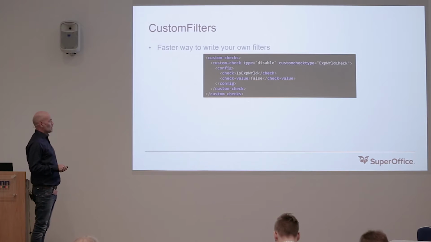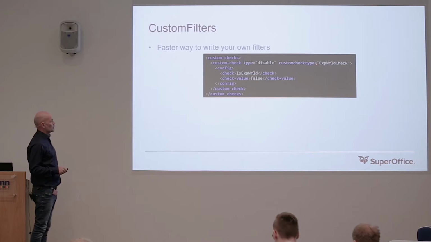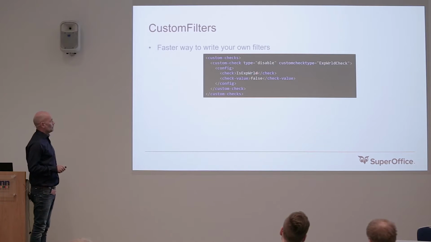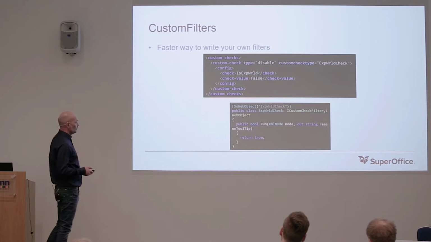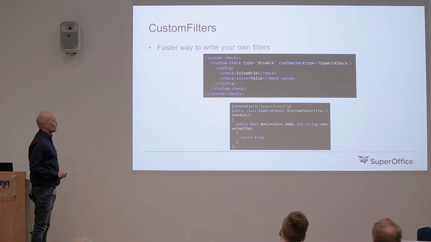If you put this section inside the control node of your page configuration, this will execute the custom filter you made that is called explore check, and if it doesn't check out, it will put a disable property on that control. And that should be as easy as this.